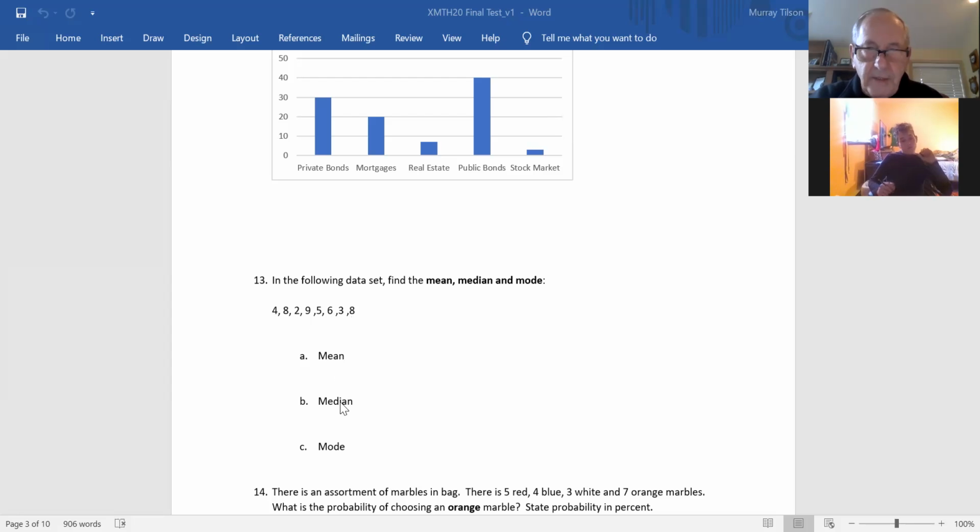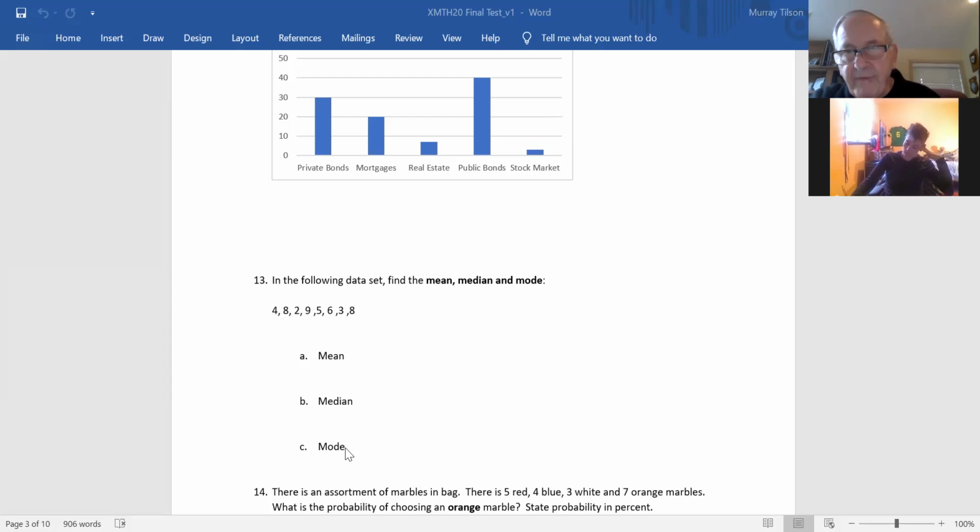The mean is just the average: all these added up divided by the total number. For the median, you look at the set of data and find the middle point. If it's an even number, like 10, you take the average of the middle between 5 and 6. If it's an odd number, you just take that middle point, and that becomes your median.